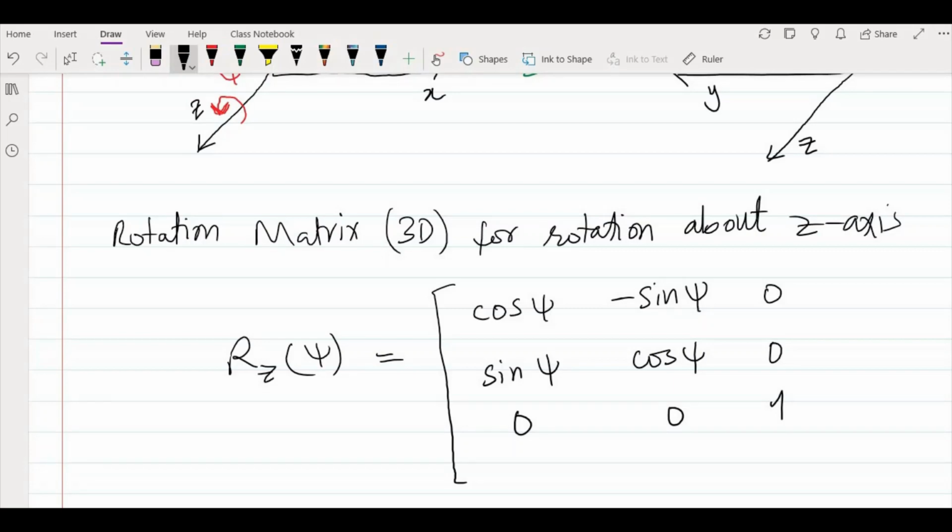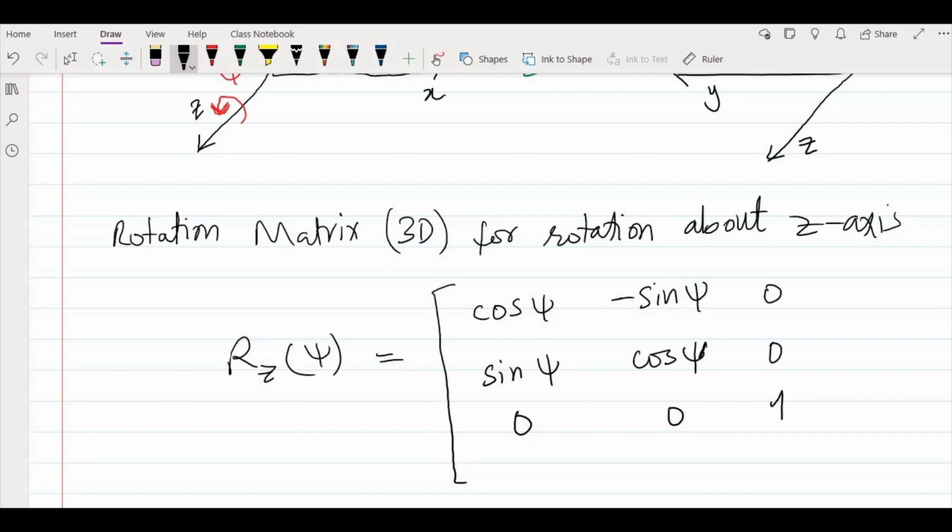So this shows that it's a rotation about z-axis, because here you see now it has 3 coordinates: x, y, z, x, y, z.